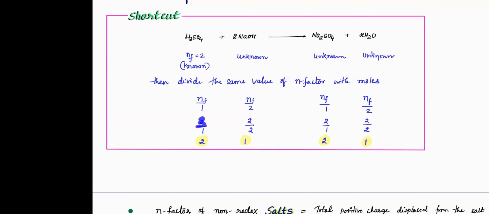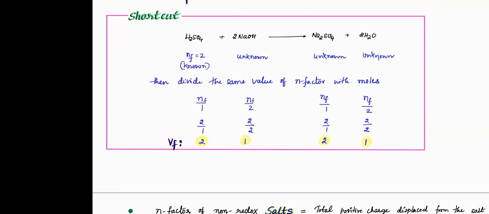So it will be 2 by 1 for this one, 2 by 2 because you can see here there is 2. Similarly, here it is 2 by 1 and here 2 by 2. Got it? And that gives the valency factor for all of them. Now you can calculate the valency for H2SO4, NaOH, Na2SO4 and H2O.